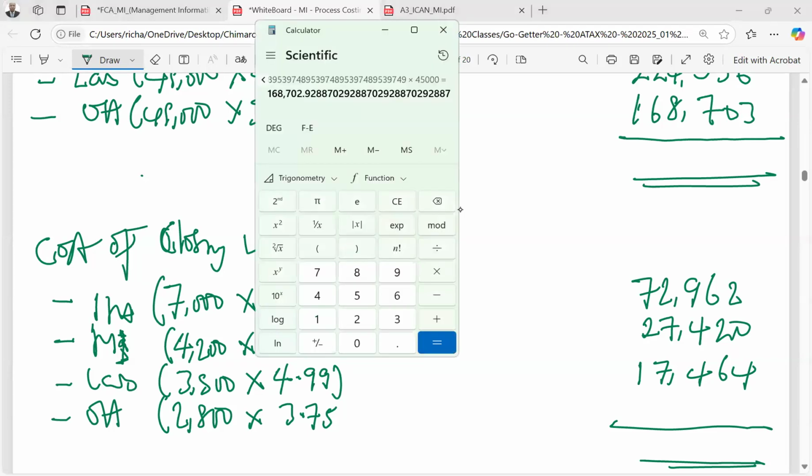All right, let's divide by 45,000. Okay, now multiply by 2008.